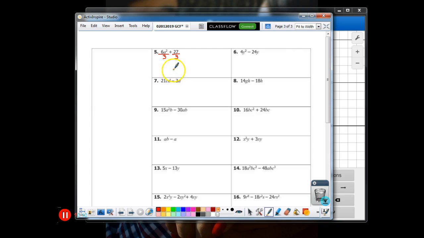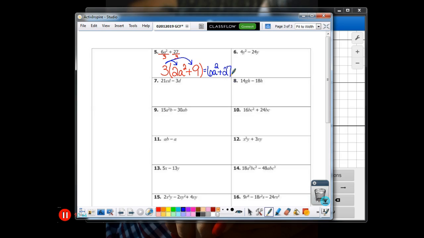So 6 divided by 3 would be 2, and then a squared stays there, plus 27 divided by 3 would be 9. And then don't forget to put your GCF on the outside. Again, you have to check your answer. So 3 times 2 would be 6a squared, and then 3 times 9 would be 27. So that's good.